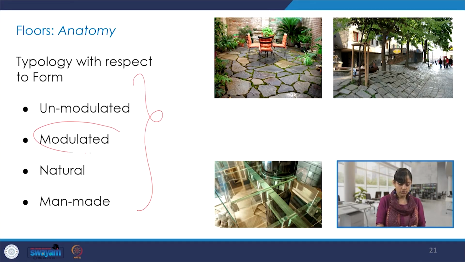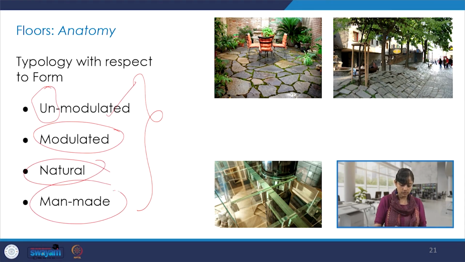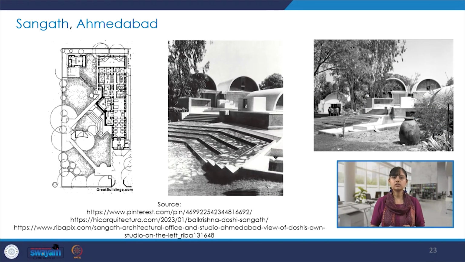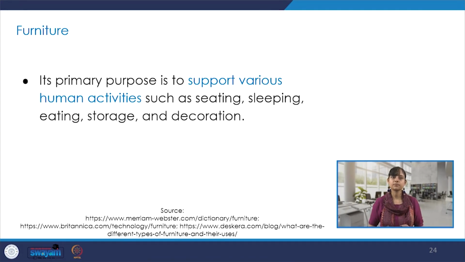It could be modulated, unmodulated, a natural floor or a man-made one, depending on the kind of material we are choosing. We also saw an example of the application, Sangath, Ahmedabad, and what role this space making element is playing in this very famous architectural project.